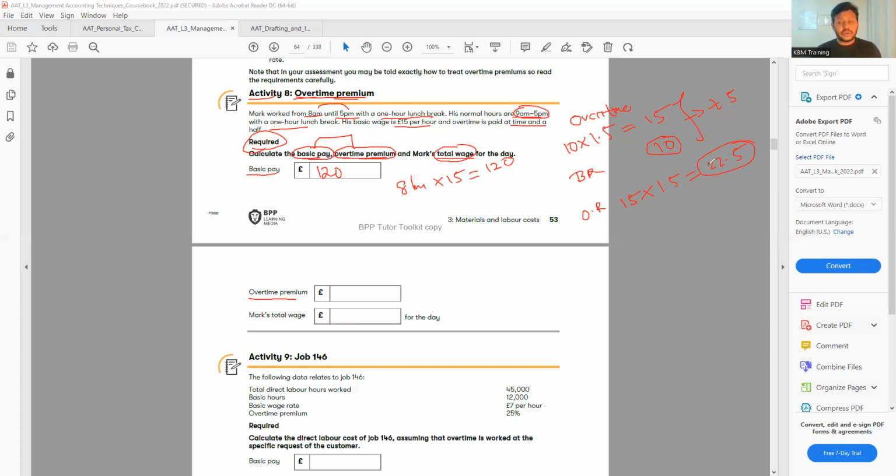And out of 22.5, my basic rate is 15 anyway. So for 1 hour, I'm getting only 7.5 extra. I'm not getting £22.50 extra. I'm getting only £7.50 extra. And for that reason, that is my overtime premium.